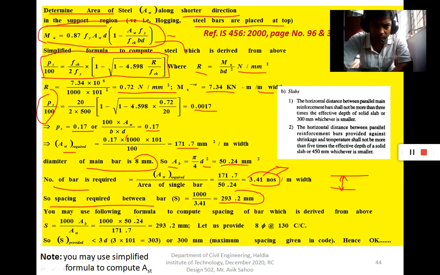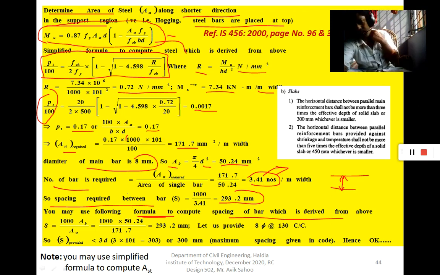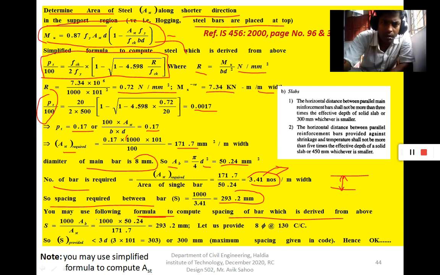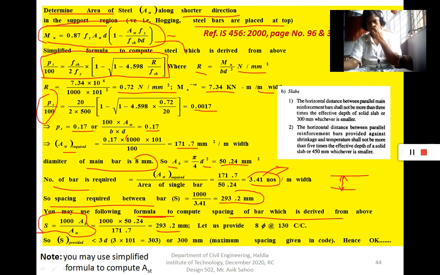You may use the following formula to compute the spacing of bars, which is derived from above. Simply put the value: 3.41 means Ast by Ab, so spacing is 1000 into Ab by Ast. So the spacing between the bars is 293.2 mm.